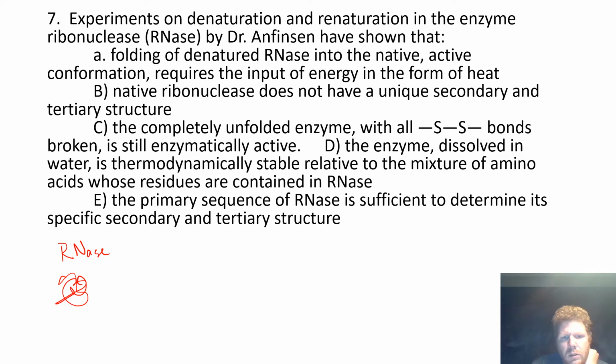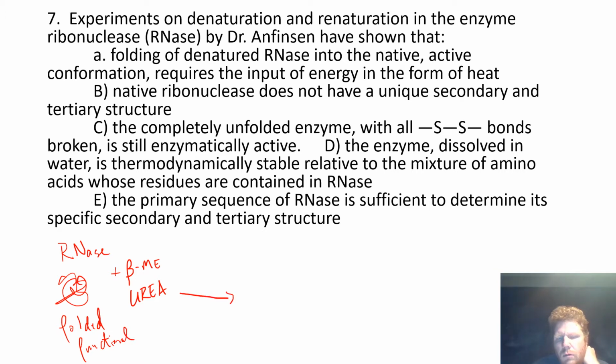And what he did was he added a bunch of beta-mercaptoethanol, some urea, and he took that fully folded and functional protein and he unfolded it, and so now you have this straight line protein, unfolded and non-functional.